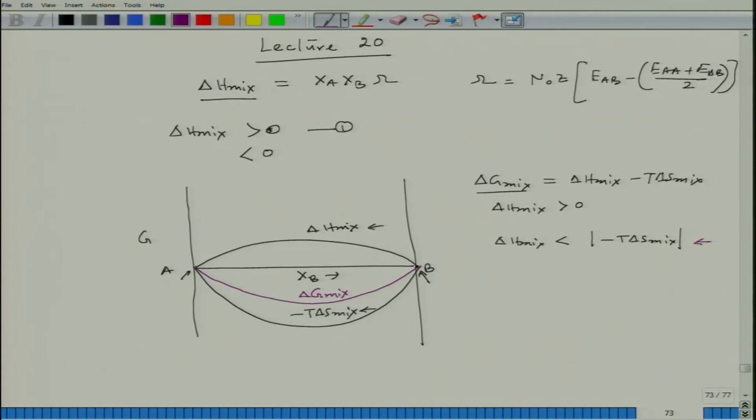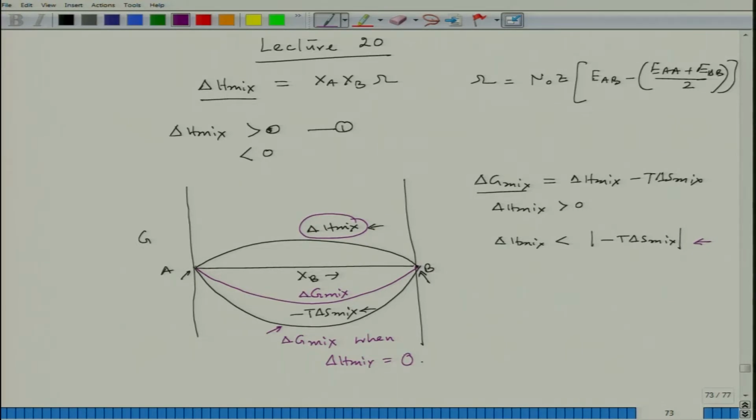So, the situation is not changing much compared with the situation where ΔH mix is 0. Had this been 0, this line would have been ΔG mix when ΔH mix is equal to 0.